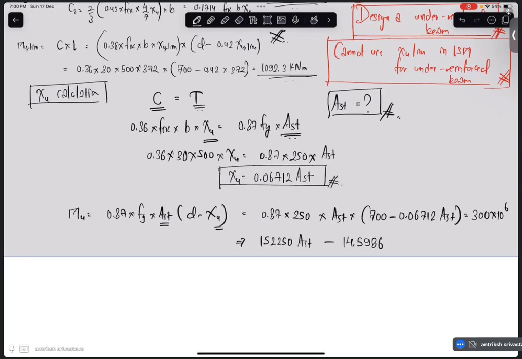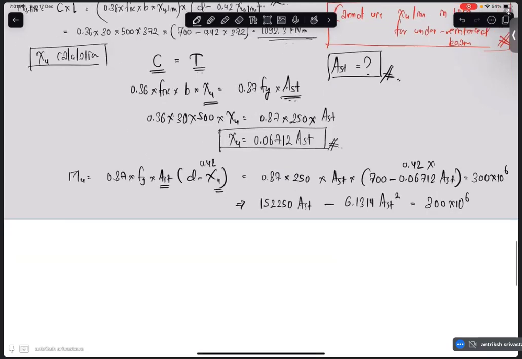Oh, I forgot this thing. Here you have to multiply 0.42 XU, right? So this will multiply with 0.42. So this will turn out to be 6.1314 AST square. This is equal to 300 into 10 power 6.